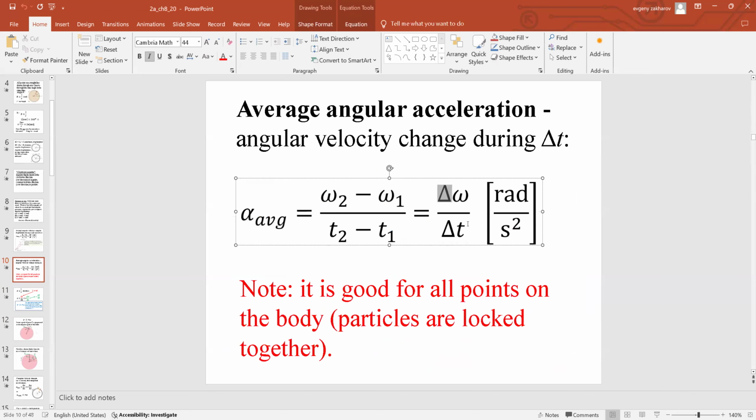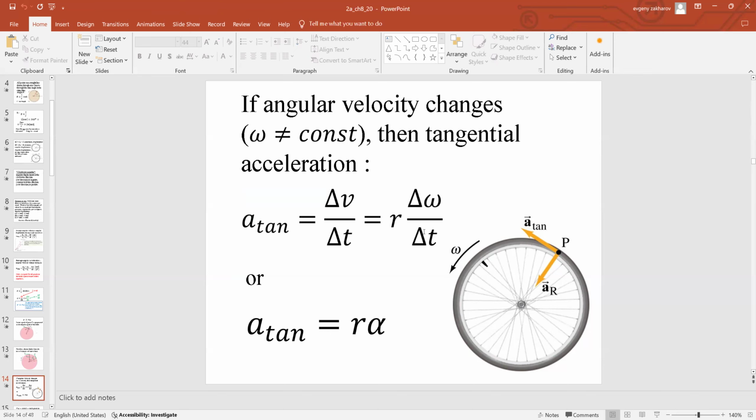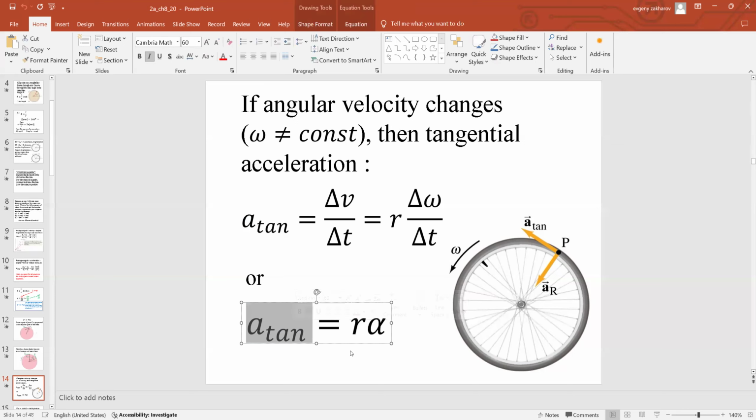Angular acceleration is delta omega over delta t. So your delta omega over delta t becomes just average angular acceleration. And once again, your linear parameter gets the connection to the angular parameter. Just multiply by the radius, and that's all you need to do.